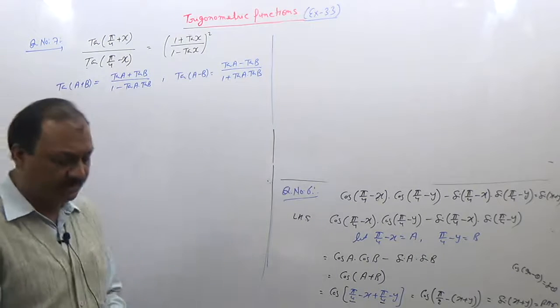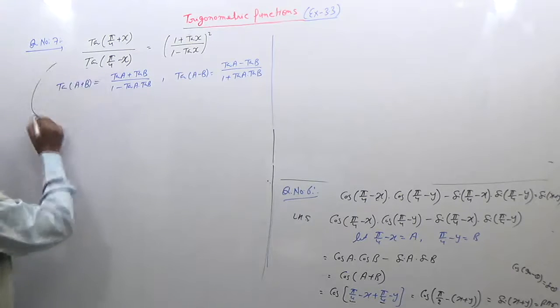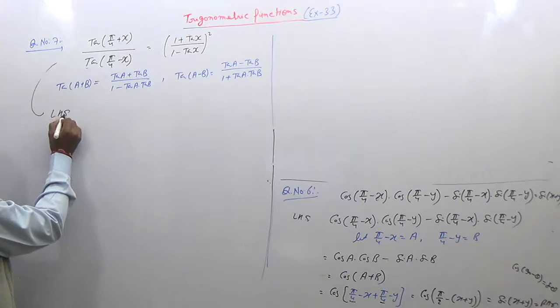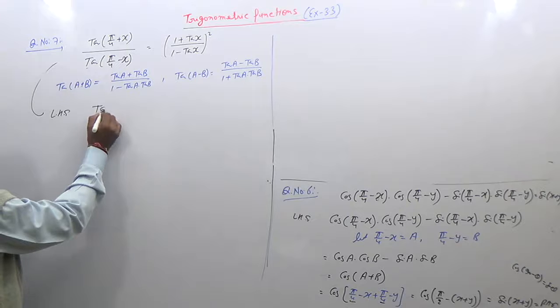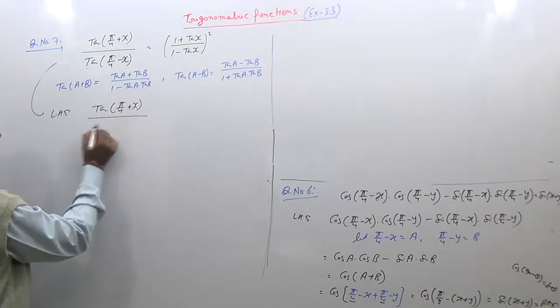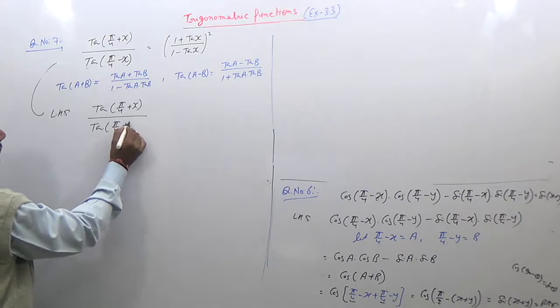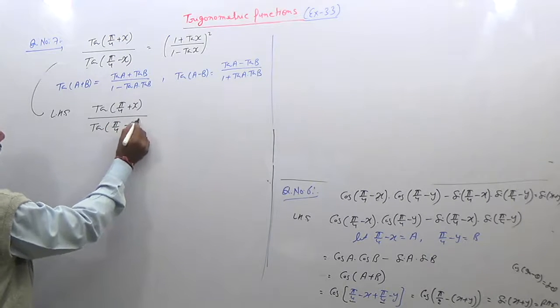So we are using these identities to prove the given identity. So taking the left hand side: tan(π/4 + x) upon tan(π/4 − x).